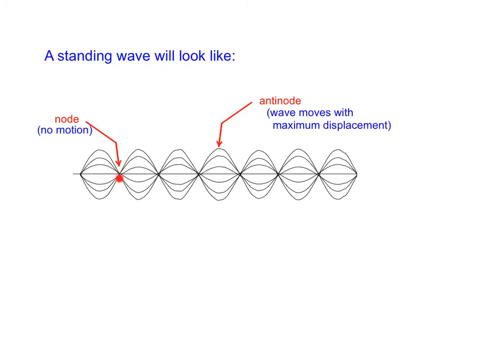One is areas where there's no motion at all. The superposition is such that the net sum of the two waves, the wave going this way and the wave going this way, always adds to zero, and so there's no motion. These are called nodes. And then there are areas where there's an enormous amount of motion, the maximum amount of motion that the string, in this case, could execute, and those are associated with what are called antinodes.